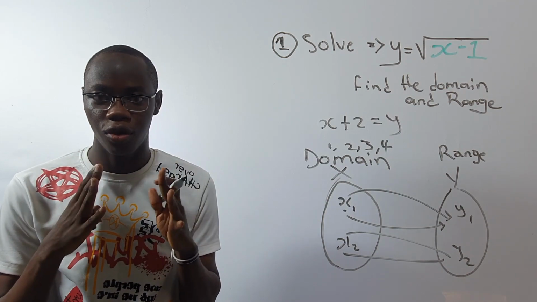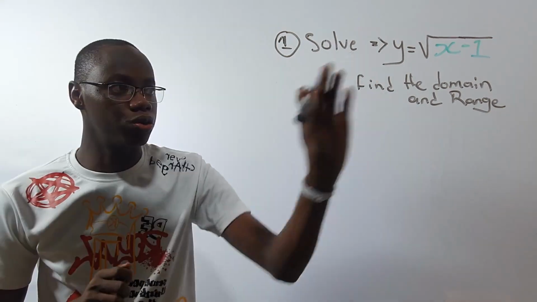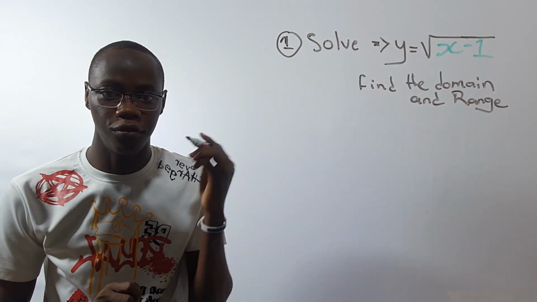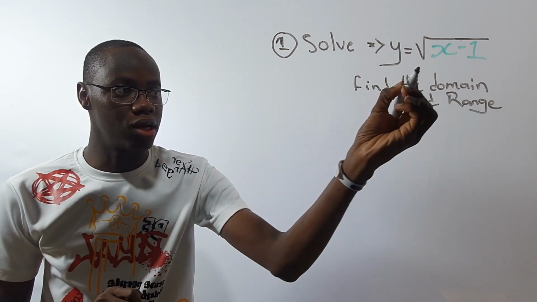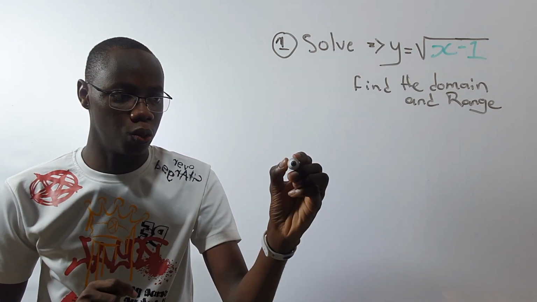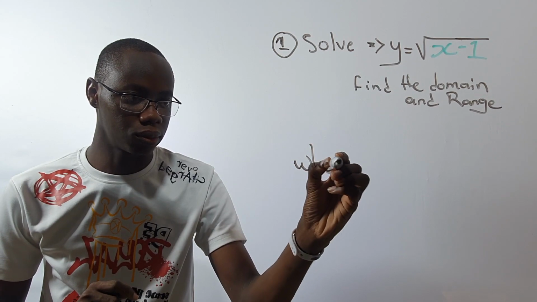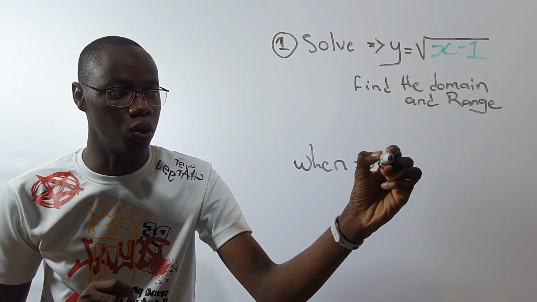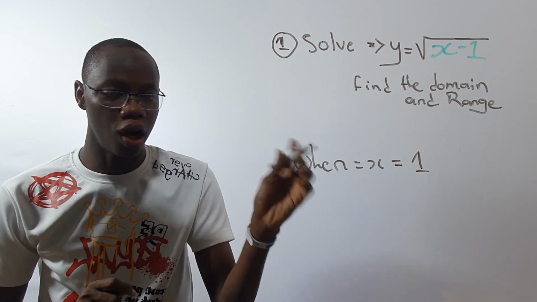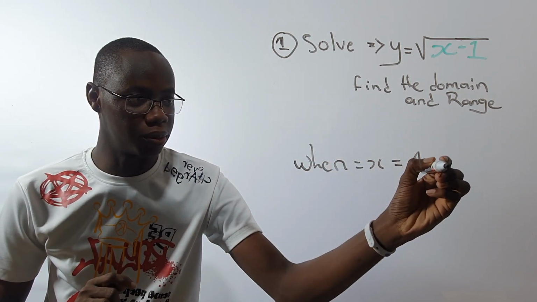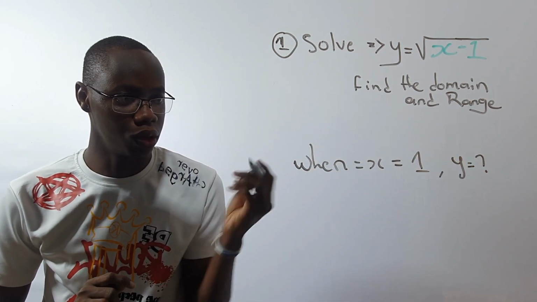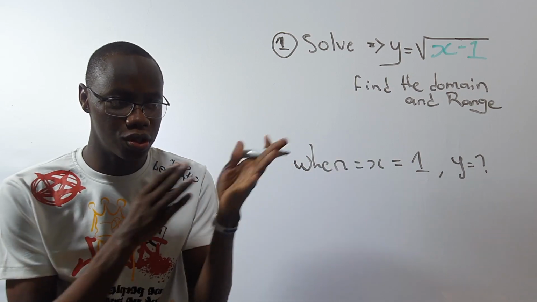So let's solve one so it makes more sense to us. For this one, to find the domain, very easy. All we need to do is assume, let's say, when x is equal to 1, what happens to y? What is y? When x is equal to 1, what is y?